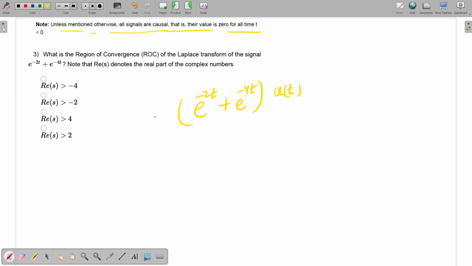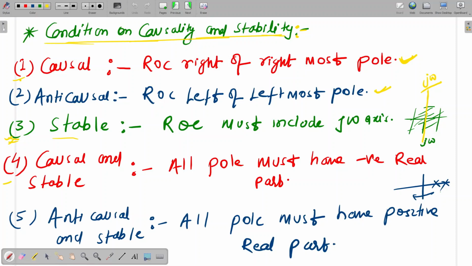Causal means the ROC is to the right of the rightmost pole.